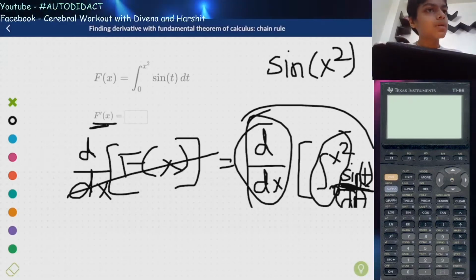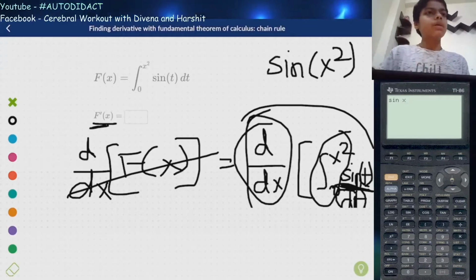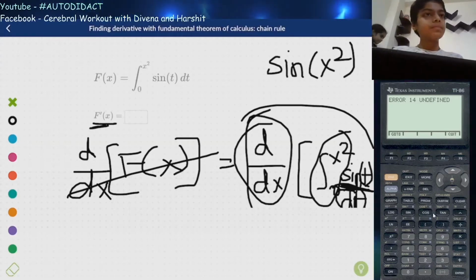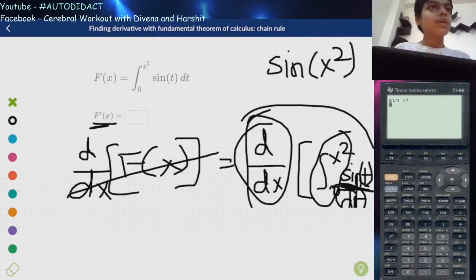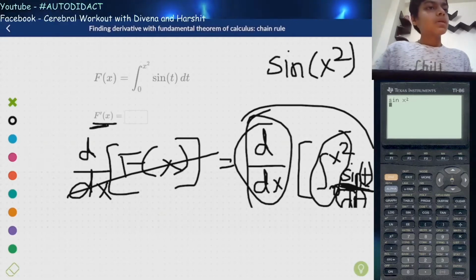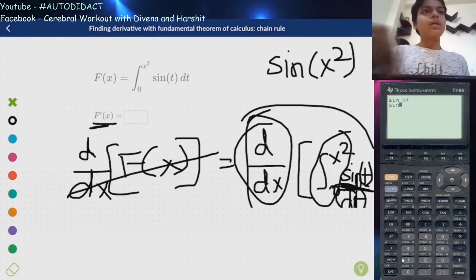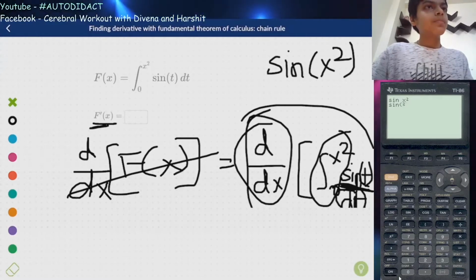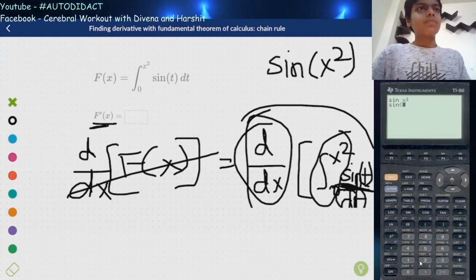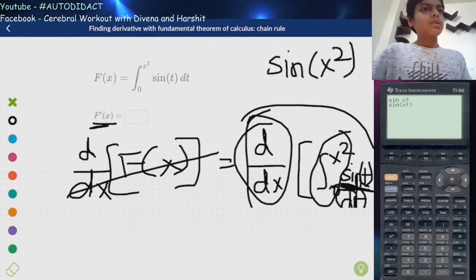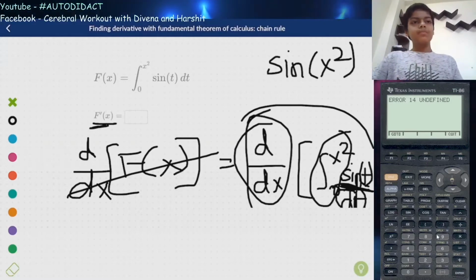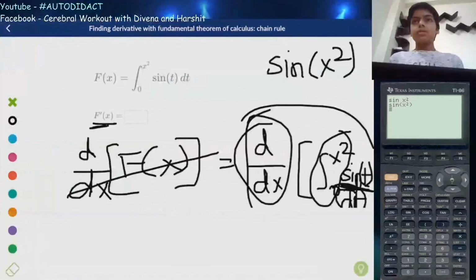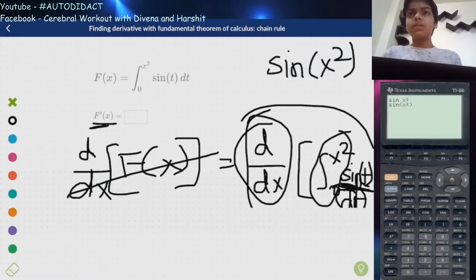So we want to find out what is sine of x squared, and how that differs from sine squared of x.